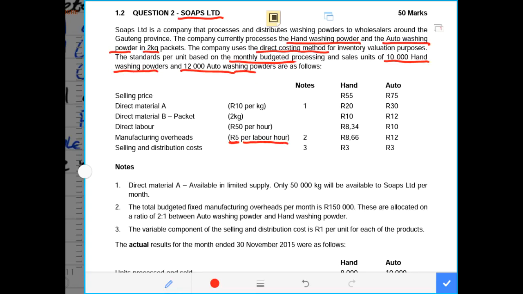So if they are based on labor hours, meaning I need to know the number of hours it takes to complete 1 unit of hand washing powder. And I also need to know the number of hours it takes to complete 1 unit of auto washing powder. And we did calculate the hours as 1.732 per unit and 2.4 hours.